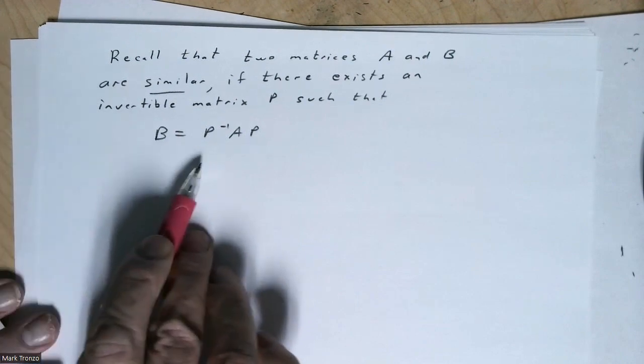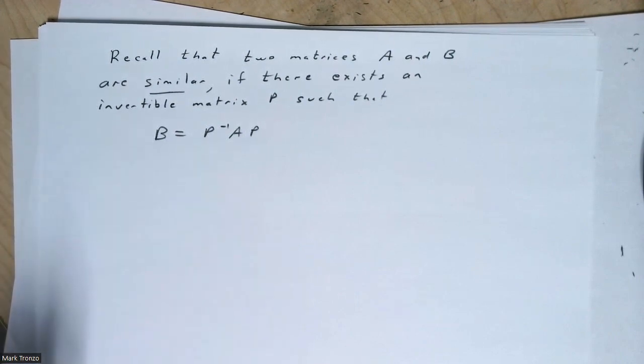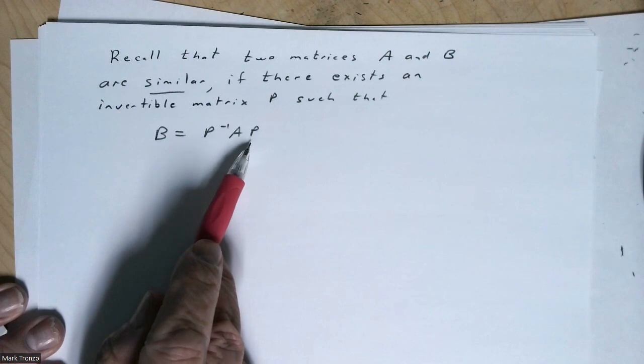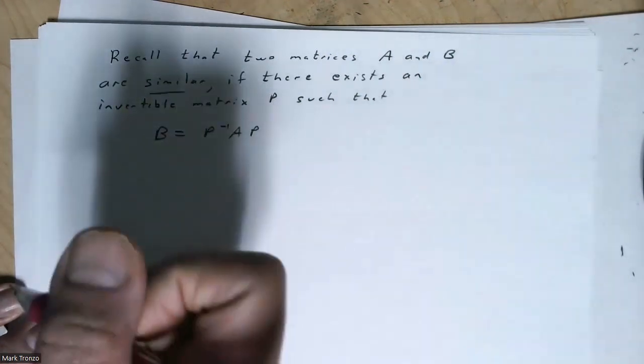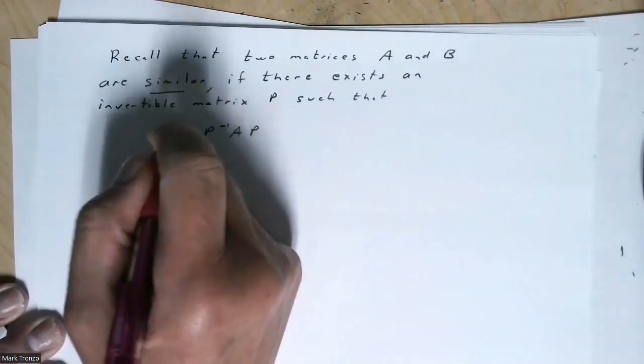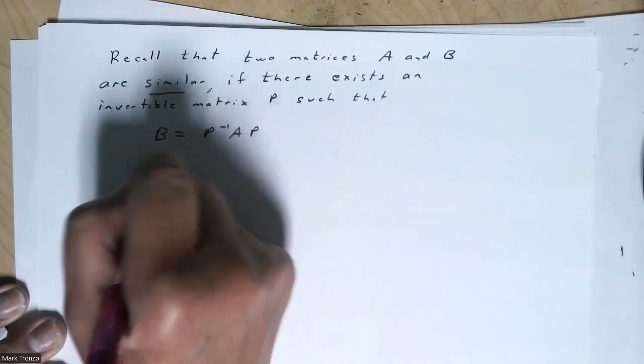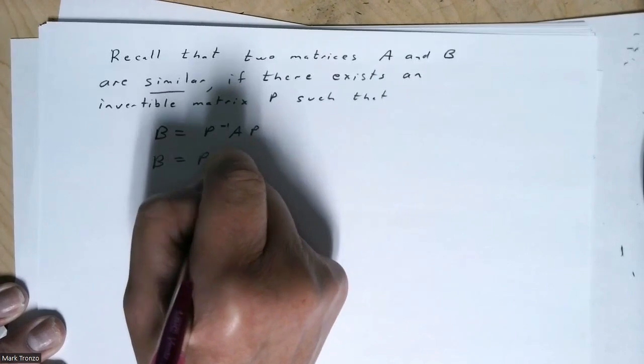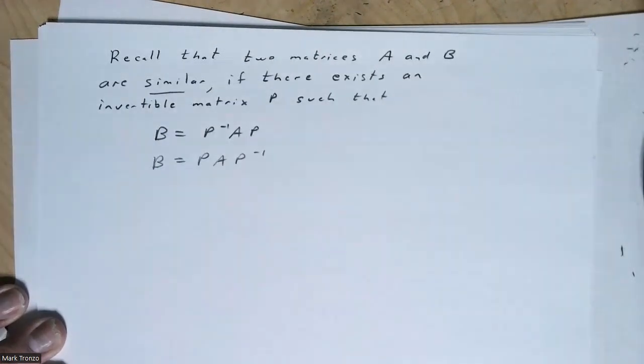Now, of course, this can be written in many different ways. Since P inverse is the inverse of P, then P is the inverse of P inverse. So depending upon how you define P and its inverse, you could write it that way.